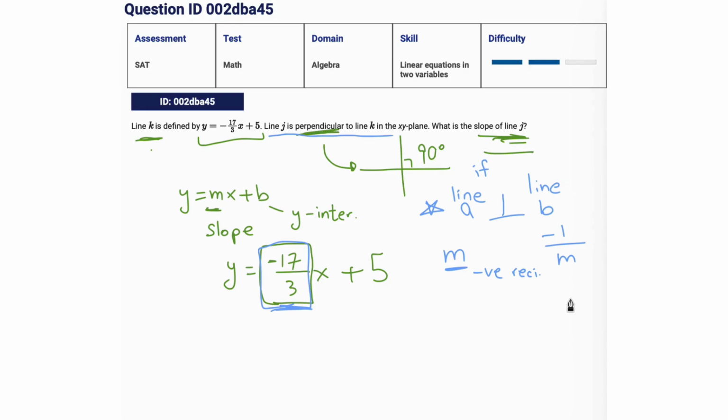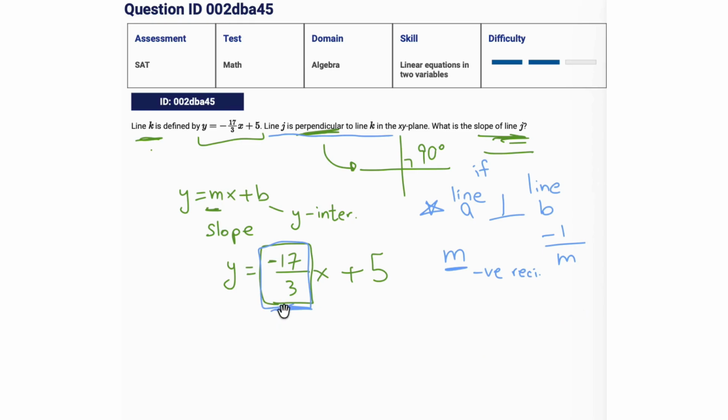Let's say 3 over negative 2. First do the reciprocal, negative 2 over 3. Now, the negative sign. Since this already has a negative sign, we are supposed to take out the negative sign, so that will be 2 over 3.